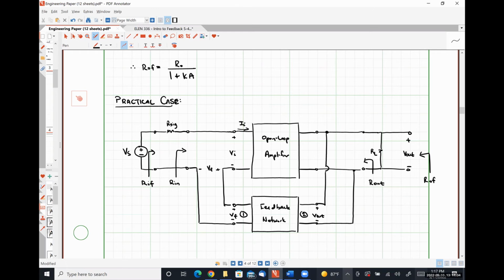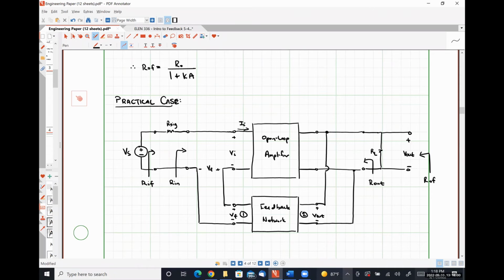Our feedback network is now a generic thing that may or may not load our open loop amplifier on both the input side of the amplifier and the output side of the amplifier. So the question that we need to answer now is, how do we make this circuit look like the ideal structure? Okay.